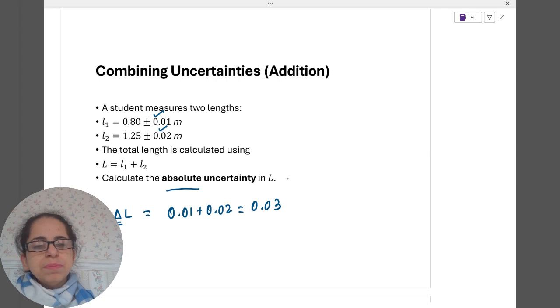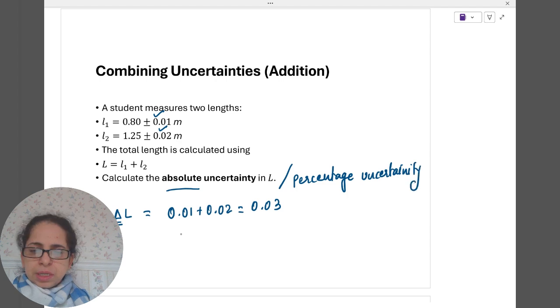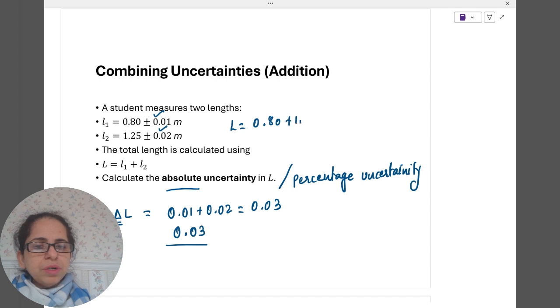Now, instead of absolute uncertainty, if it asks you to calculate percentage uncertainty, that's not difficult, is it? The percentage uncertainty would be 0.03 divided by the total length, which would be 0.80 plus 1.25, that is 2.05, so divided by 2.05 times 100.